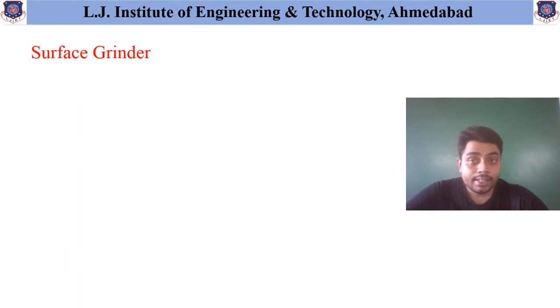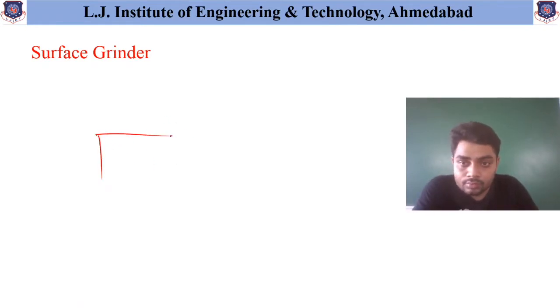Now, as the name suggests, if any grinding machine is used for finishing the surface of a component, then that grinding machine is called a surface grinding machine, or surface grinder. Let us have a look.